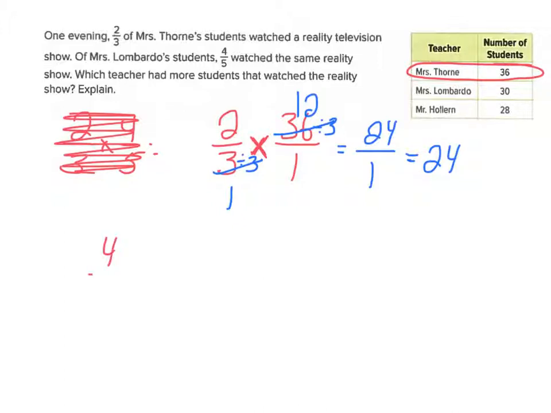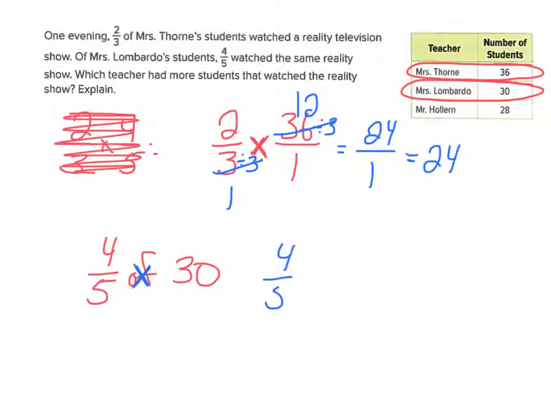As I like to say, 4/5 of what? Well, of Mrs. Lombardo's students, which was a total of 30. As we talked about, "of" is another word for multiply. So we really want 4/5 times 30, which is the same thing as 30 over 1. We're trying to find a fraction of that total number, so it's really just a multiplication problem.